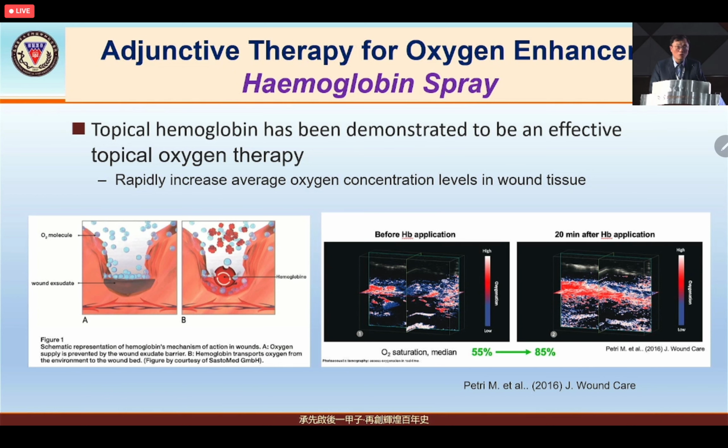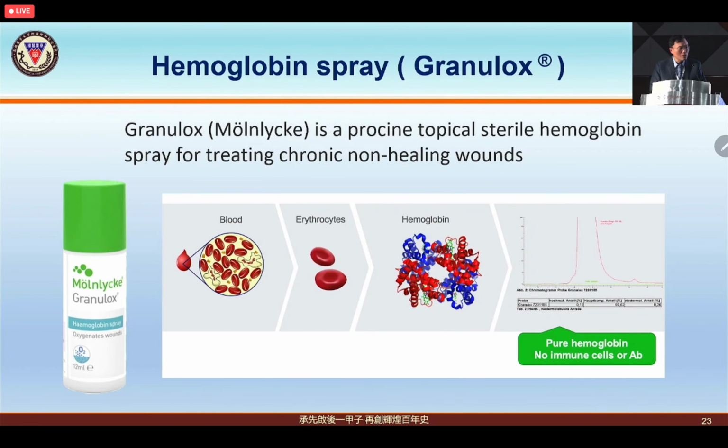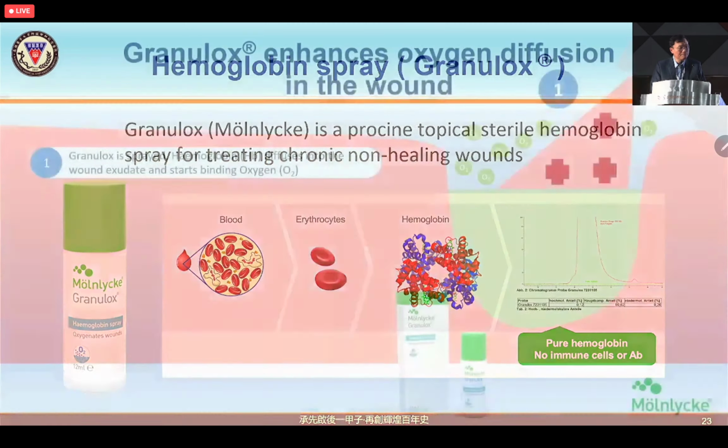That's the hemoglobin spray. Topical hemoglobin has been demonstrated to be an effective topical oxygen therapy, and it could rapidly increase oxygen concentration level in wound tissue. And that's the one a company mentioned, using Granulox. It is actually a porcine topical sterilized hemoglobin spray for treatment of non-healing wounds.